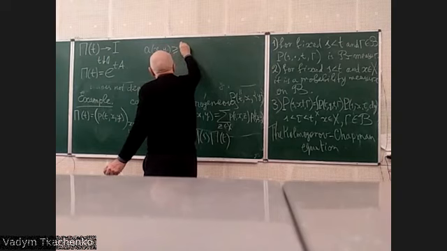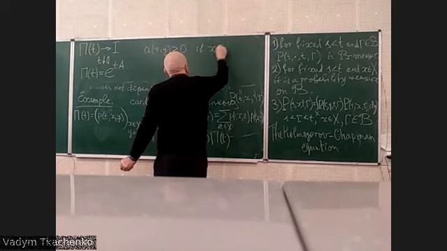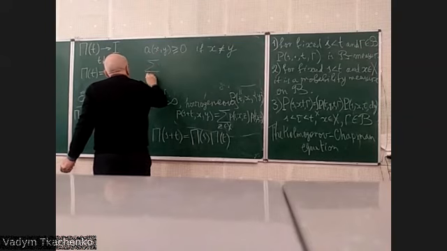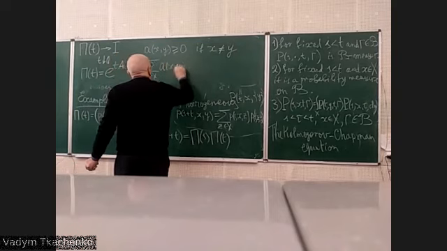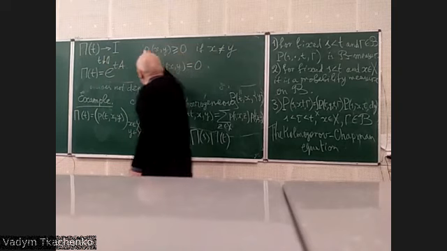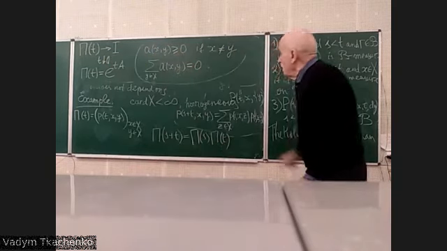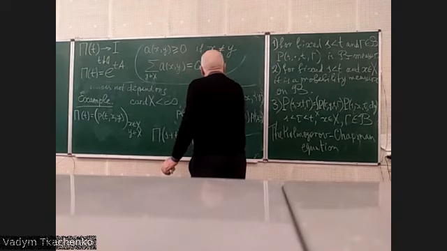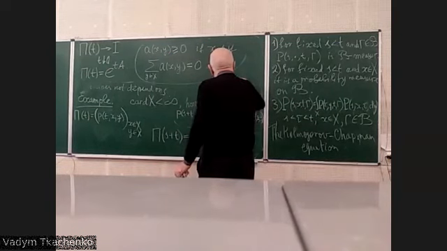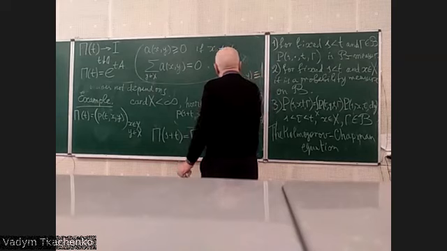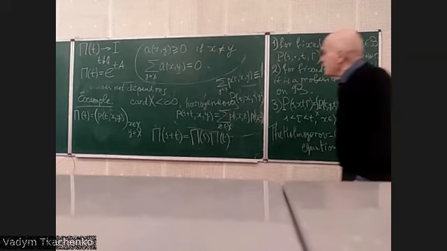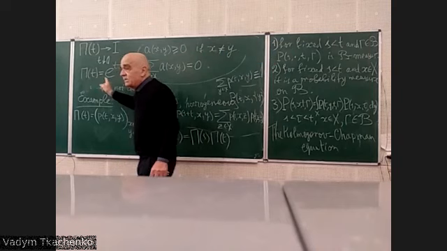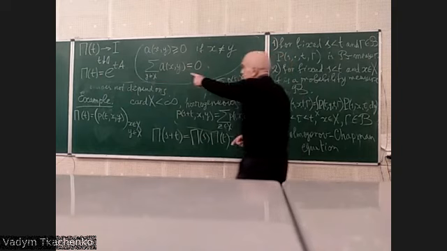These numbers are non-negative if x is different from y, and the sum over all y of a_xy equals 0. This is a consequence of the property that the sum over all y of p(t, x, y) equals 1. This is the derivative in t at the point t equals 0. So this is a consequence.